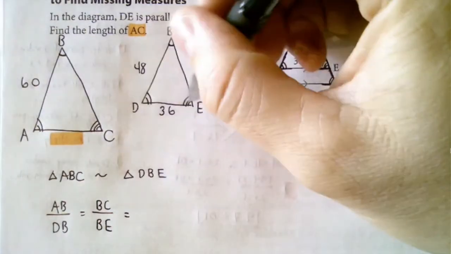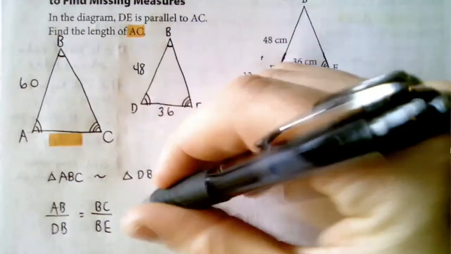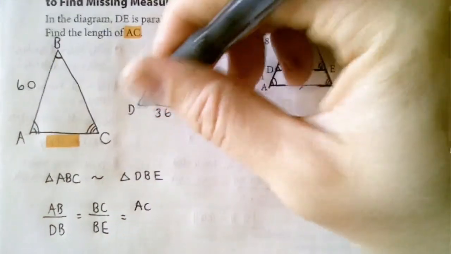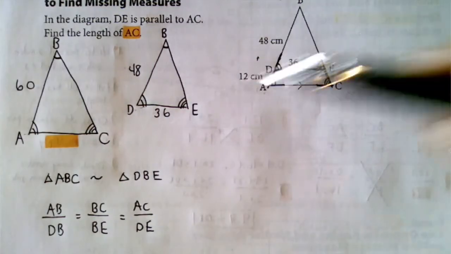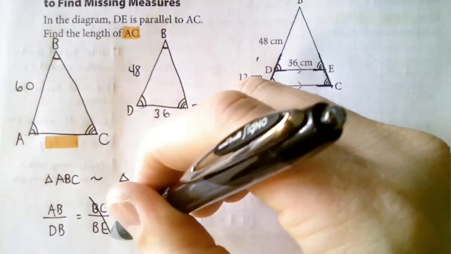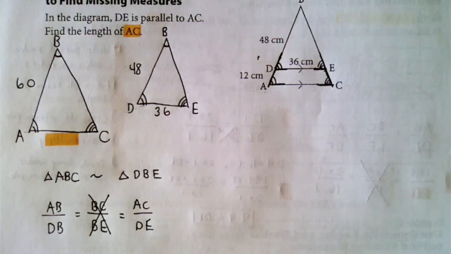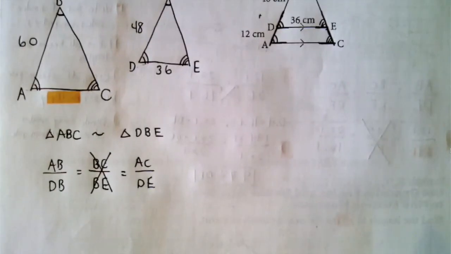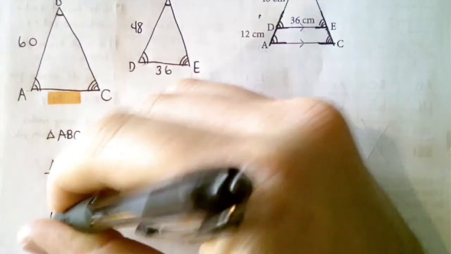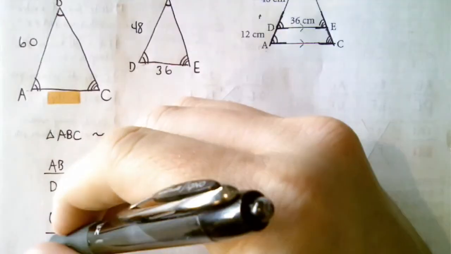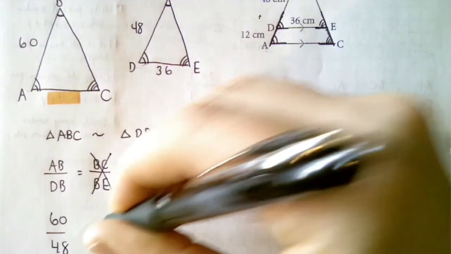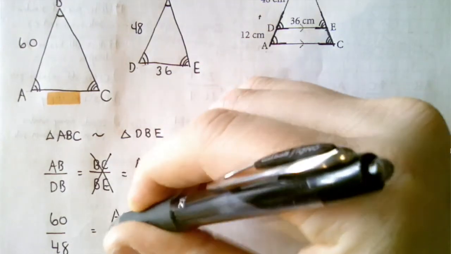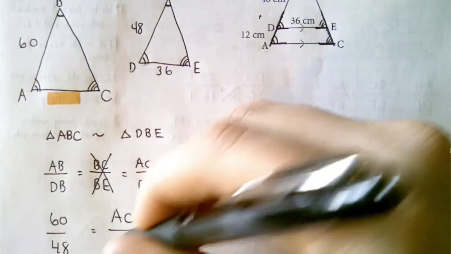And we've got AC, keep this big triangle on top, and DE. And we don't know anything about BC and BE, so we don't actually need that one. We can just fill in what we know from the other two. Well, AB is 60. DB is 48. We don't know AC, but we do know DE.